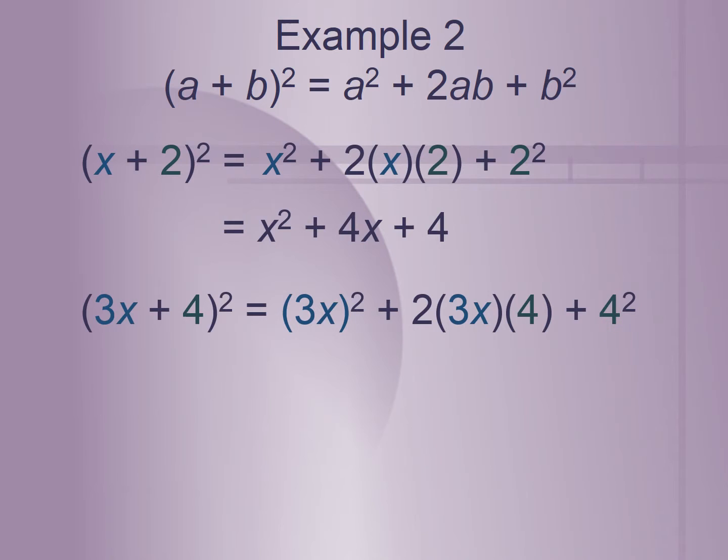Now it's time to simplify. When you do 3x squared, you have to square the 3 and the x. So 3 squared is 9, and then x squared is x squared. And then we'll simplify 2 times 3x times 4. Well, 2 times 3 is 6, and then 6 times 4 is 24. So we have 24x. And then 4 squared is 16.